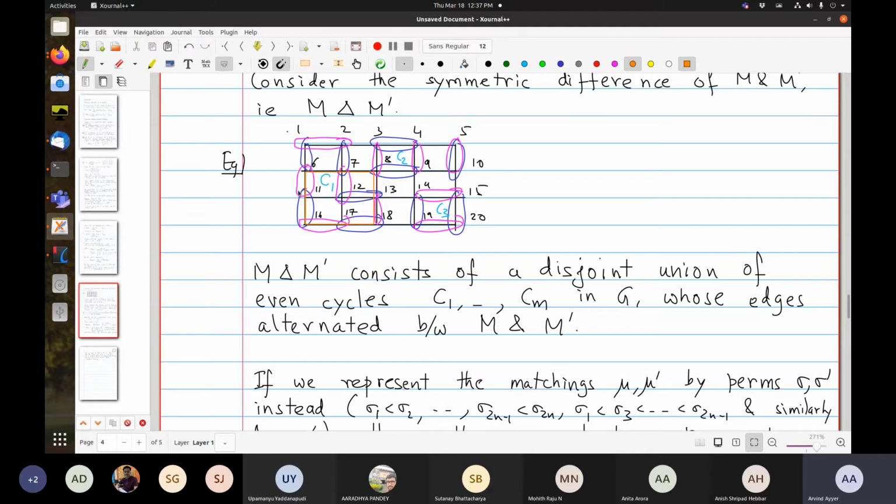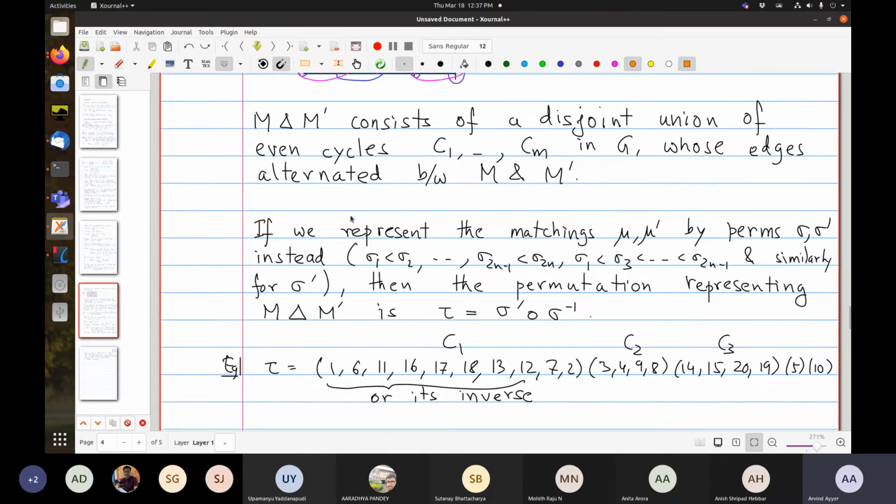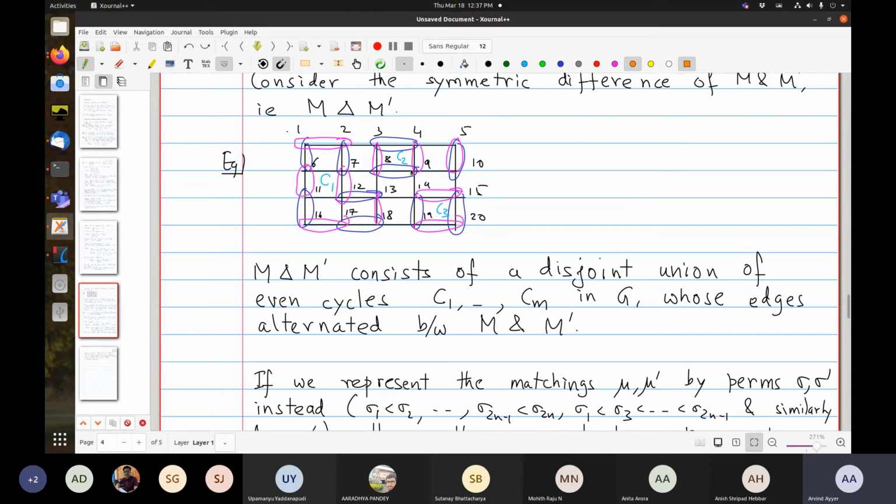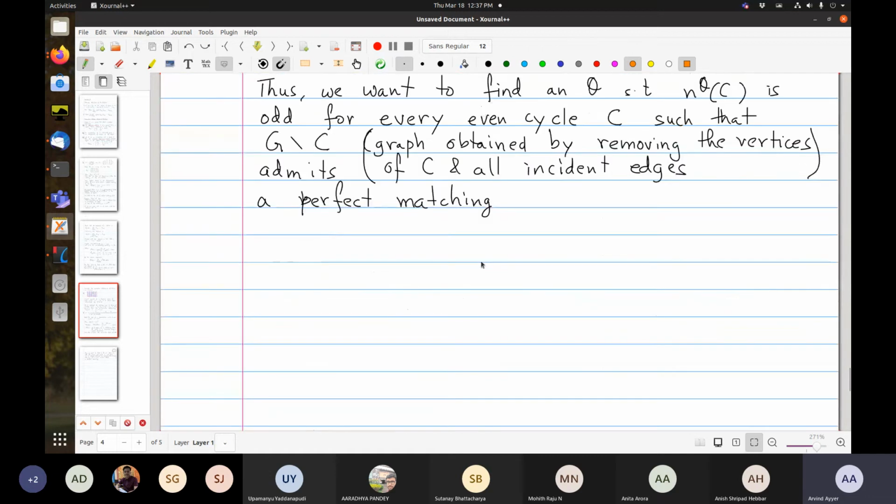So it is an even cycle, but I don't care about it because it encloses a single vertex, and if I remove this cycle, I'll get something which cannot have a perfect match. But I do care about even cycles like this and like this and so on. So I care about all of those, but not others. Okay, is this clear?